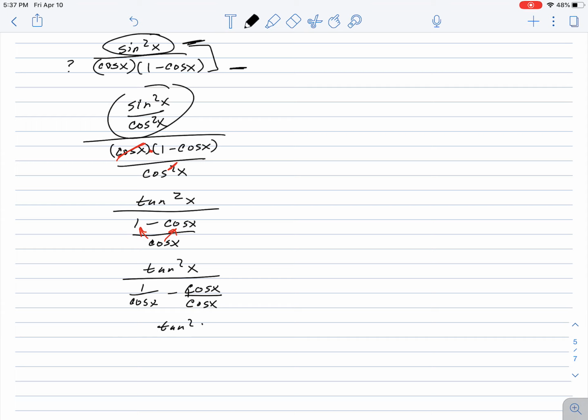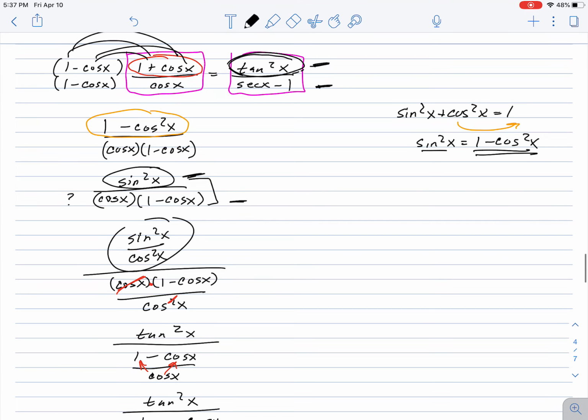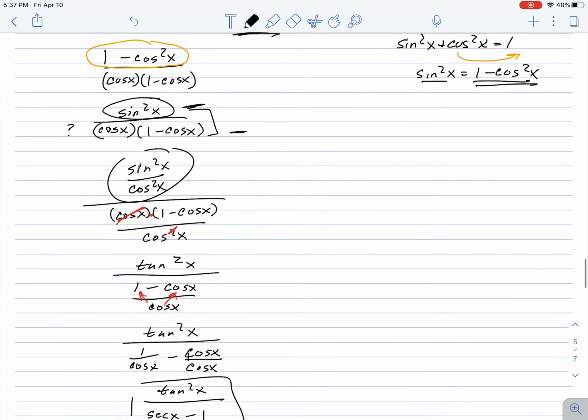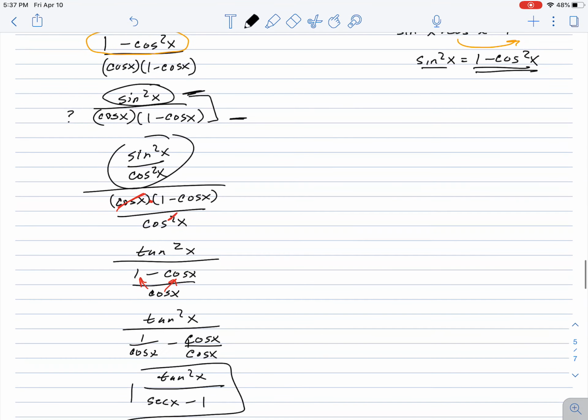So what that reduces to is secant minus 1, which is what I started with on the right hand side here. Now, I would consider that super tricky and some pretty creative math, but I want you to see that a hole's not really a hole. It just might be hard to get out of it.